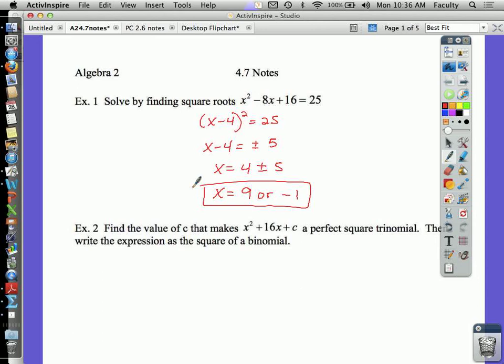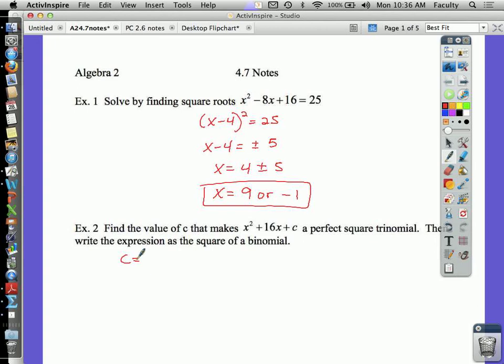In example 2, it says find the value of c that makes x squared plus 16x plus c a perfect square trinomial. Alright, so Hannah, what would c need to be if I want it to be a perfect square trinomial? You take 16 and do half of that, and then times by itself.